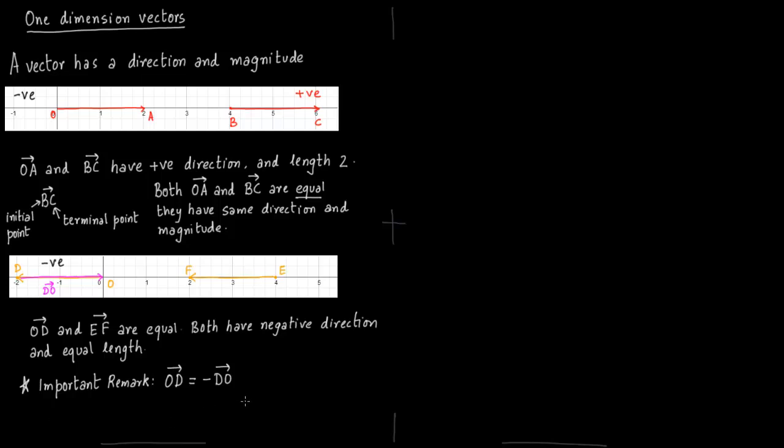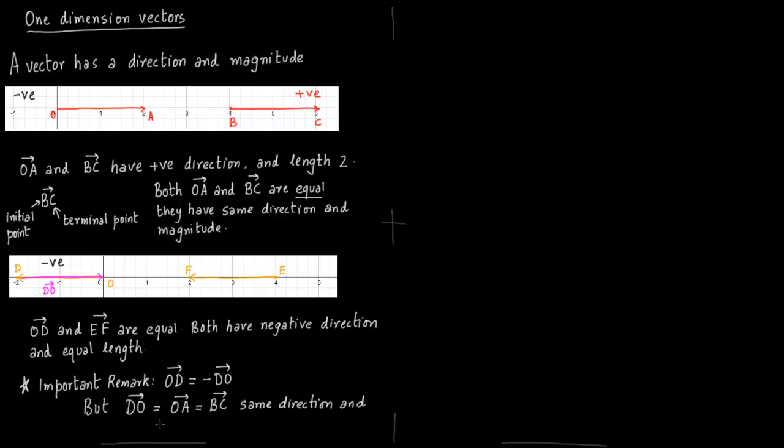Now DO vector has magnitude equal to OA vector and BC vector, and the direction also. So notice that how the equality of vectors comes into play.